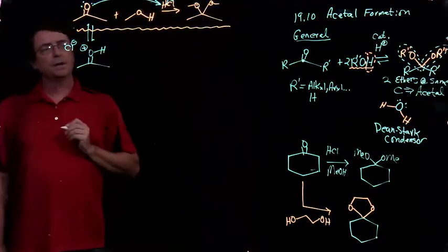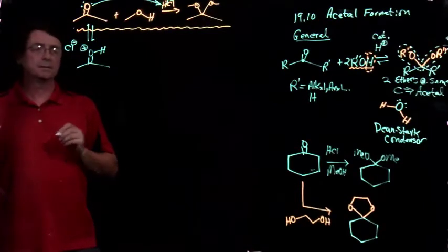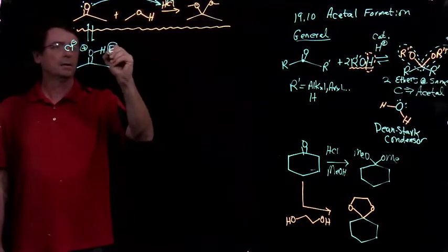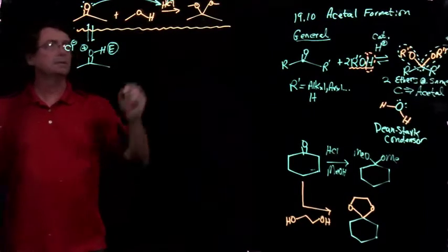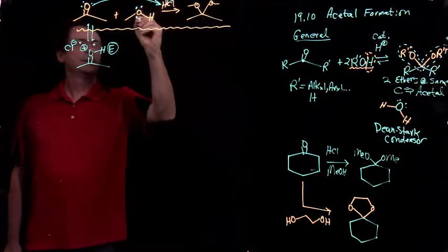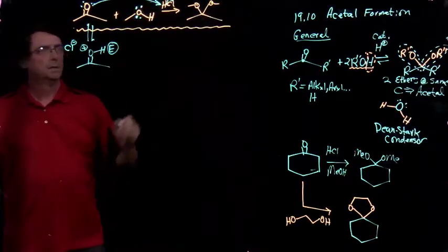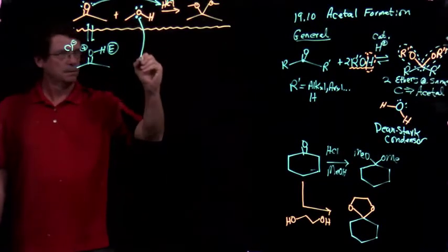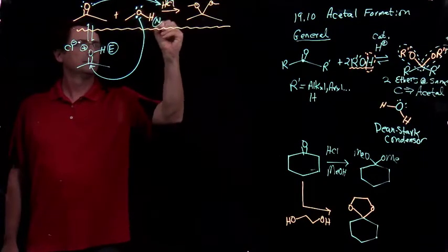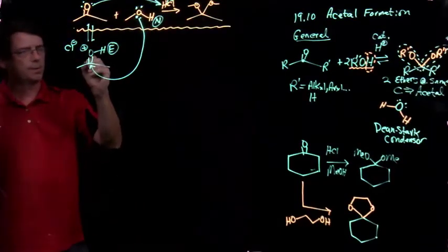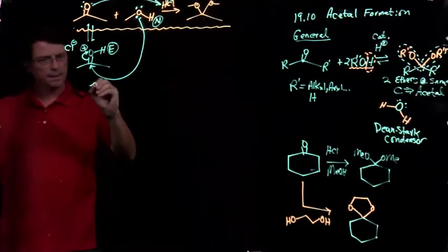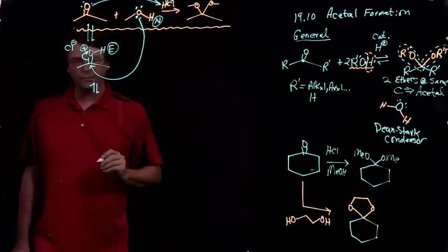That has now greatly enhanced the electrophilicity of this, and so here's now our electrophile. Where's the nucleophile? Nucleophile is this alcohol. So that alcohol acts as a nucleophile. It attacks the carbonyl. That pi bond swings up to become a lone pair. Again, this is reversible also.